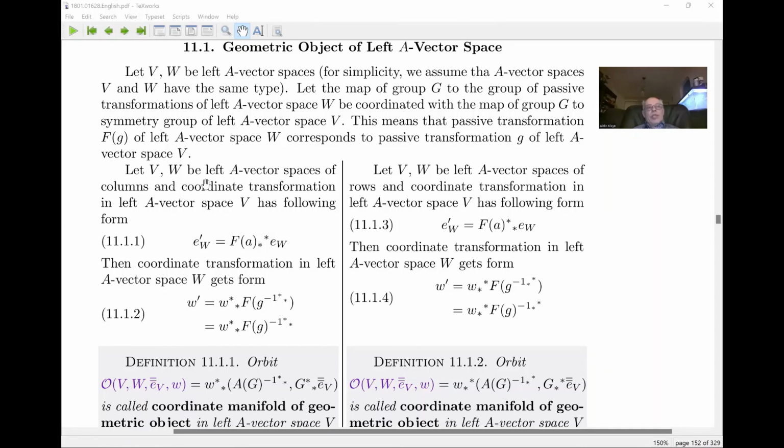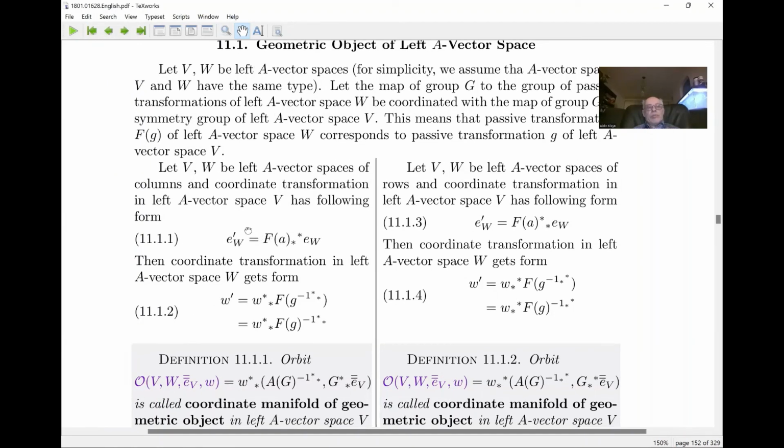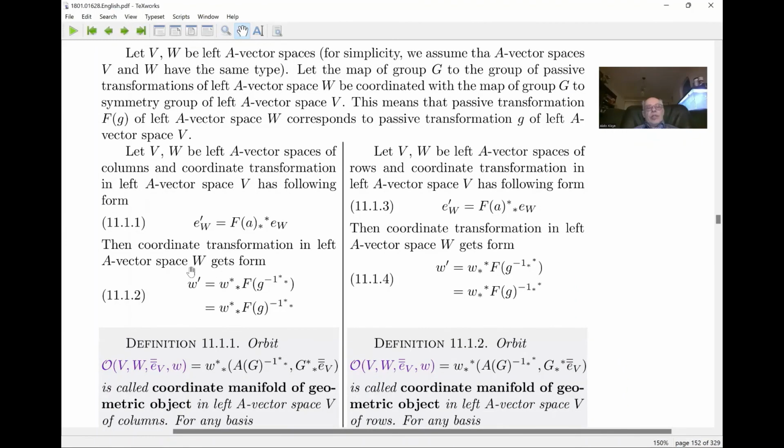Let V and W be left a vector space of columns, and coordinate transformation in left a vector space V has form 1.1. Then coordinate transformation in left a vector space W gets form 1.2.